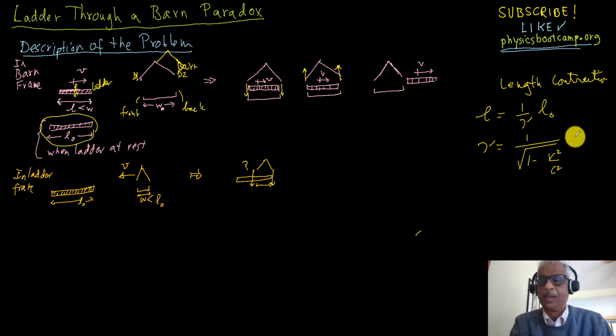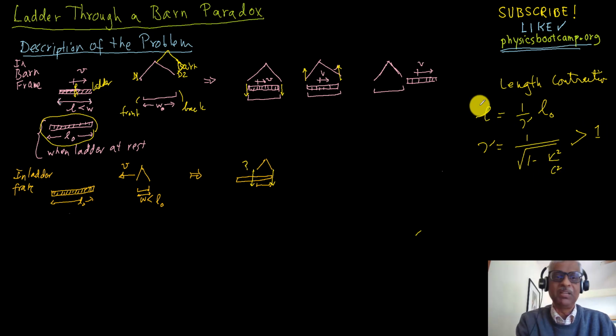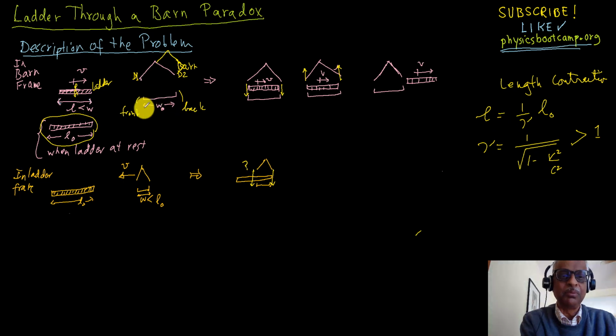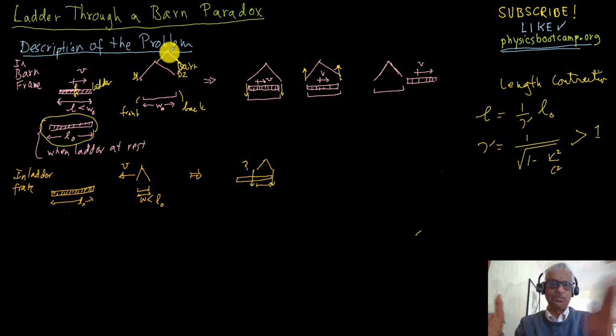Because gamma is greater than 1, L is smaller than L0. And depending on v, L can become less than W, where W is W0, the width of the barn when the barn is at rest. The barn is not moving anywhere.